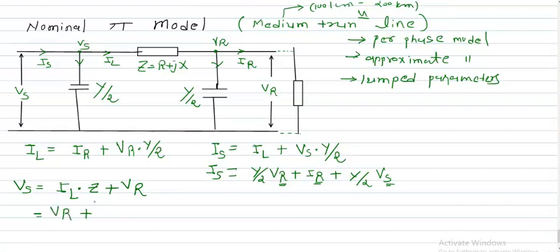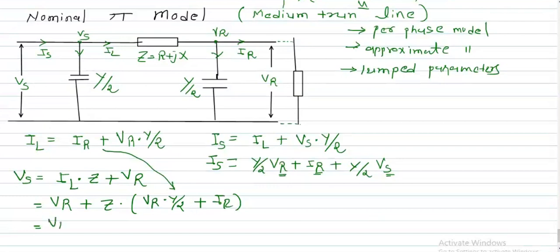VR, I will write first, and then I will write IL. So IL might be VR into Y by 2 plus IR, right? Simply, I will write this equation here, that is your IL. Now simplify this equation.